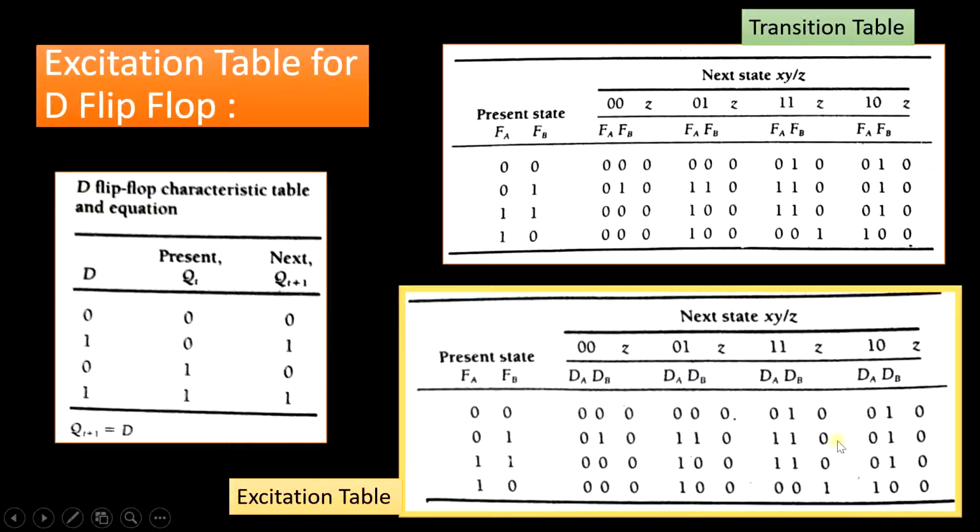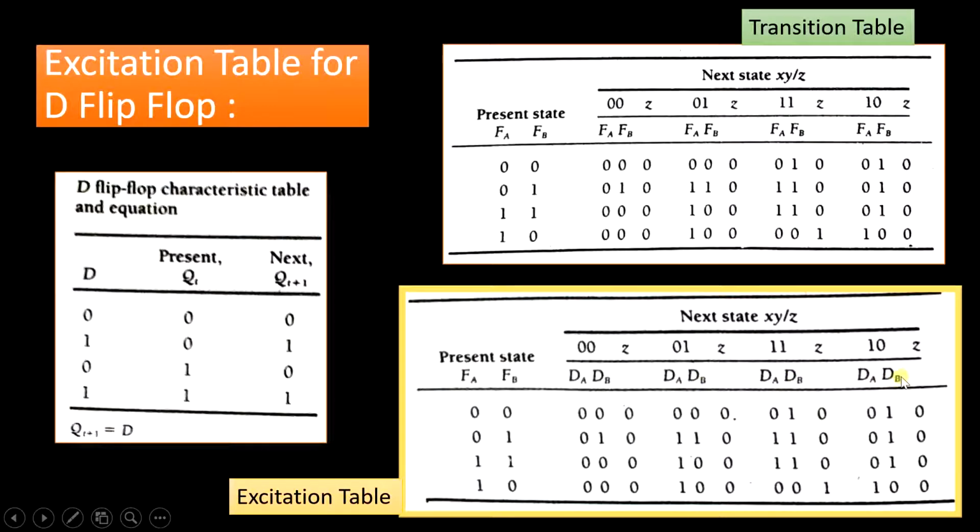So instead of writing the next state as FA and FB, I have represented it as DA and DB. You can compare the excitation table with the transition table. Wherever you have FA and FB in the next state, there it has been replaced by DA and DB.